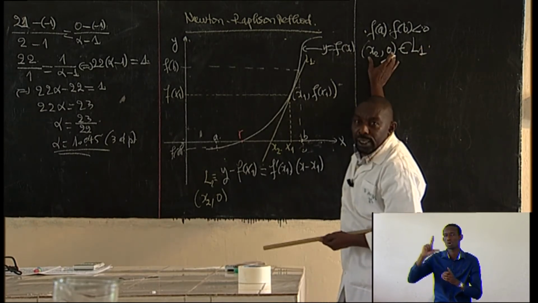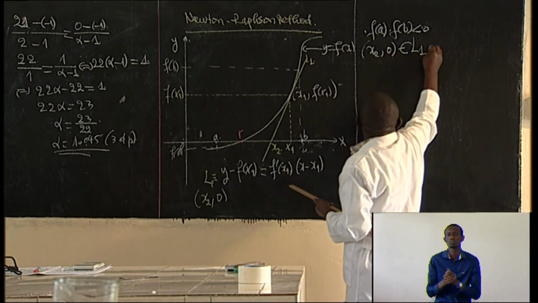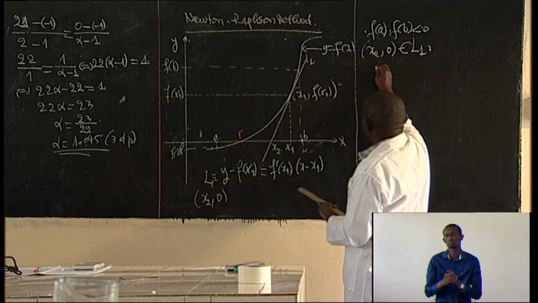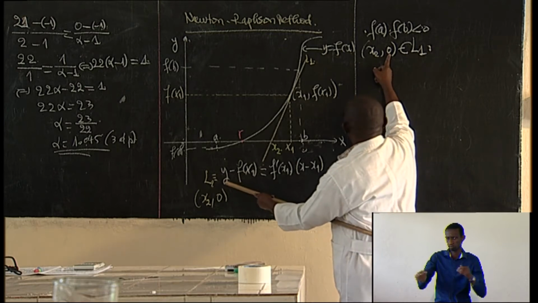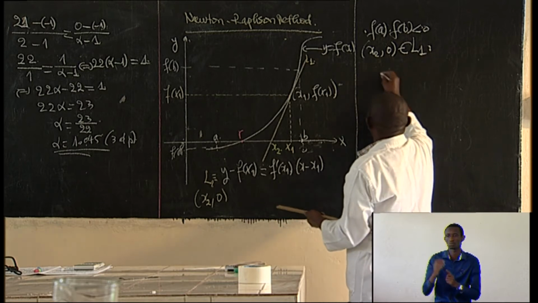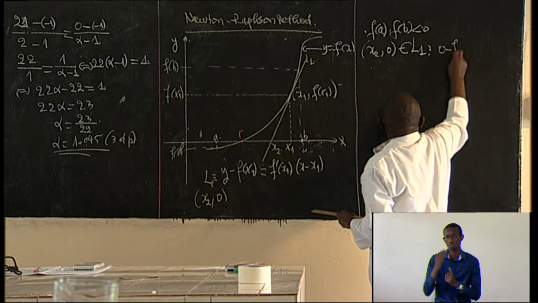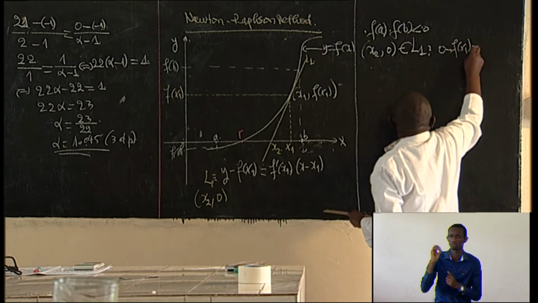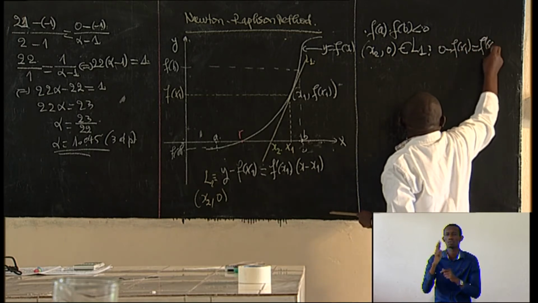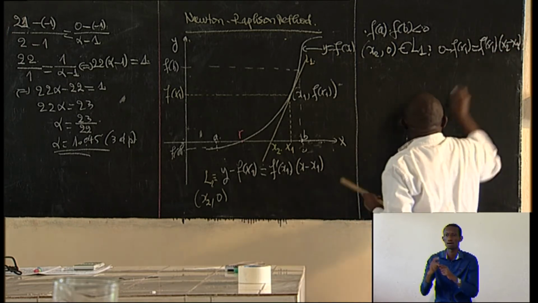Means that the coordinate of this point verify our equation, right? Replacing y by 0, x by x2, I'll be having 0 minus f of x1, which is equal to f derivative of x1, then times x2 minus x1.